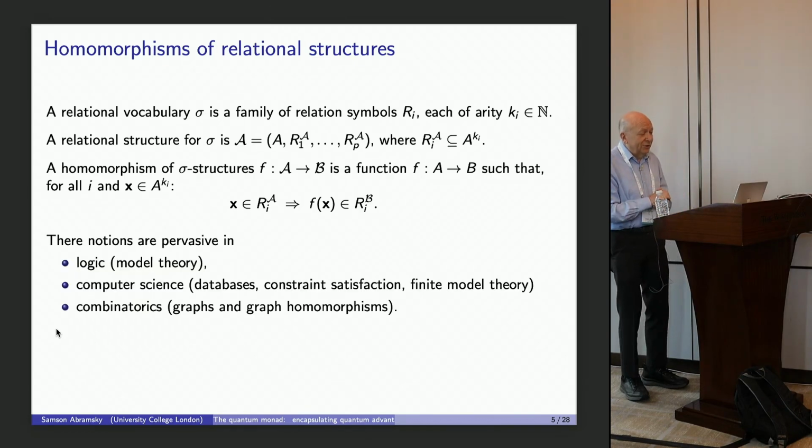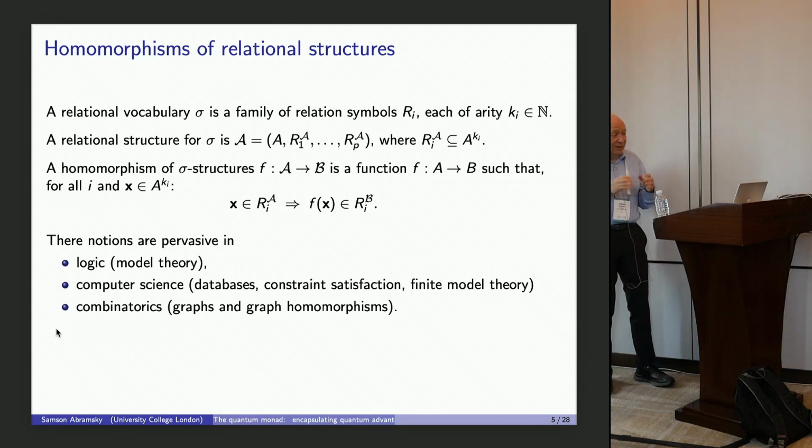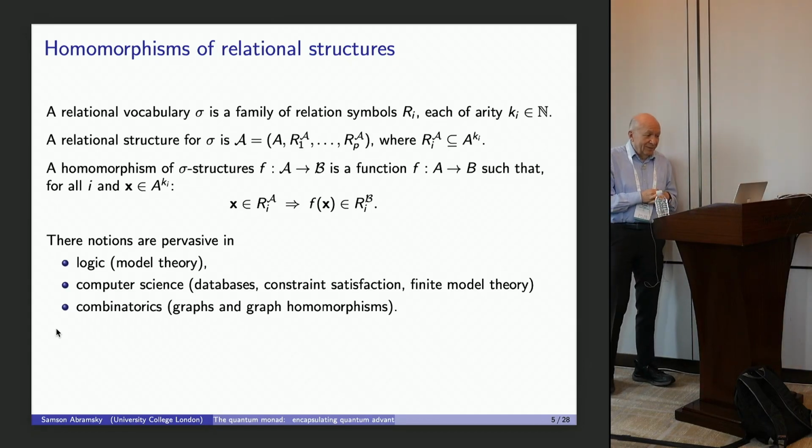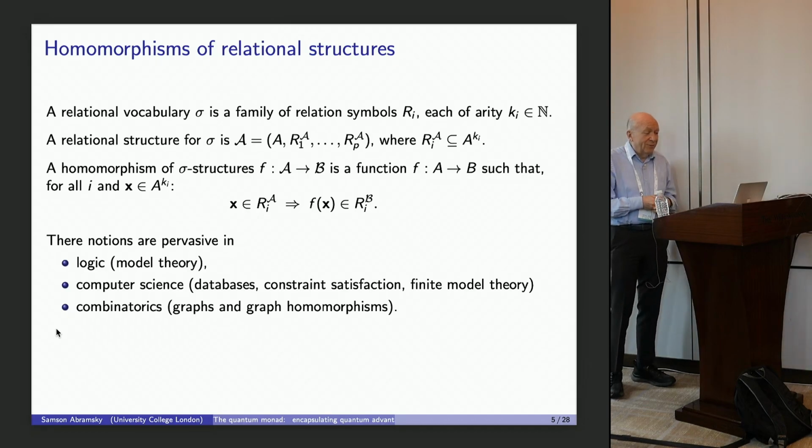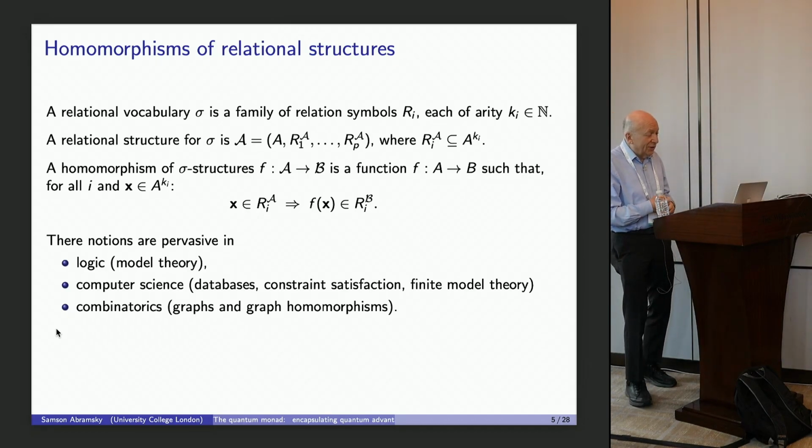Now, these notions are absolutely pervasive, firstly in logic, also in logic in computer science, but in computer science itself. Relational databases are all about these kinds of structures. Constraint satisfaction can be expressed in terms of homomorphisms of relational structures.